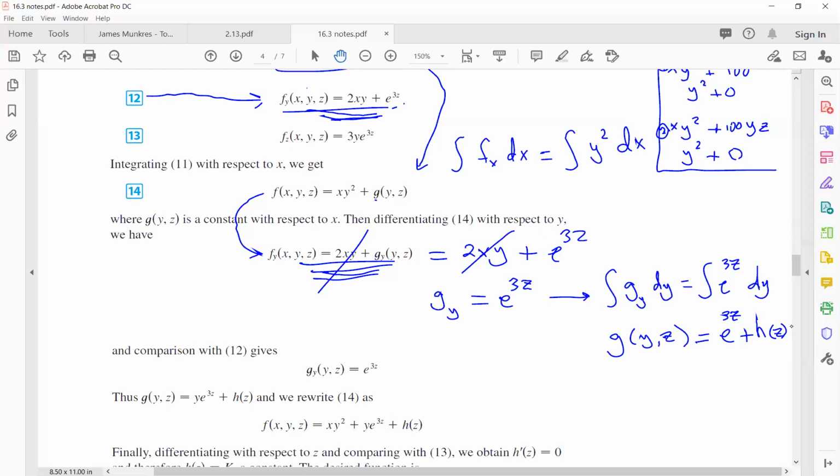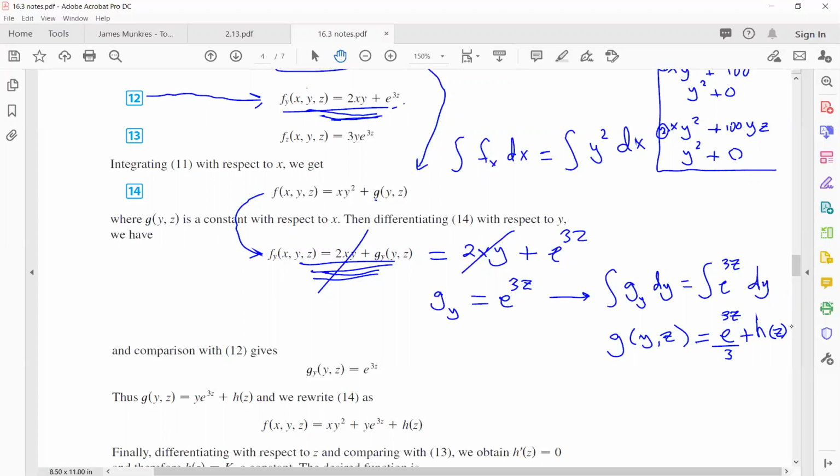Also, it has to be divided by 3, correct? Yes, thank you. Very well.